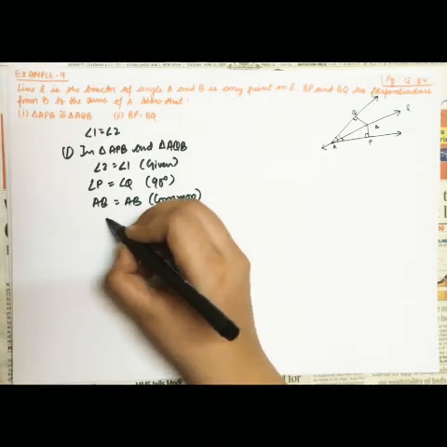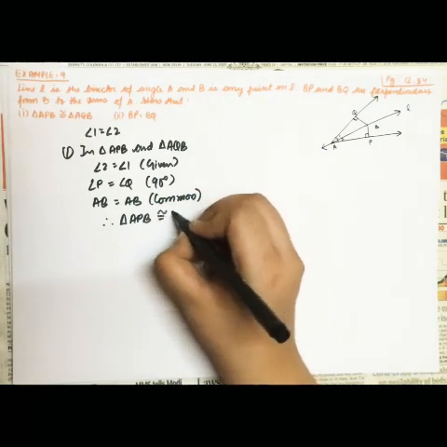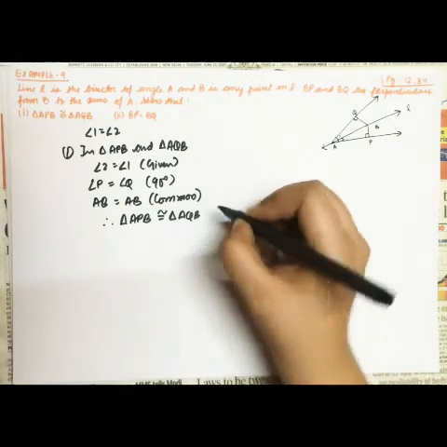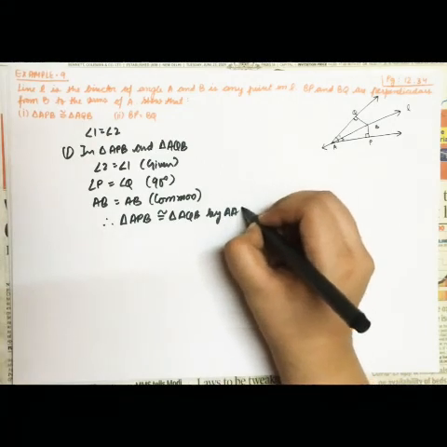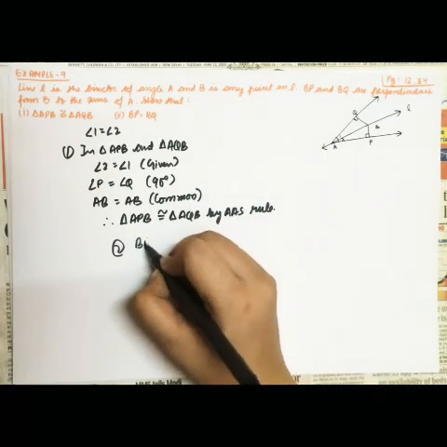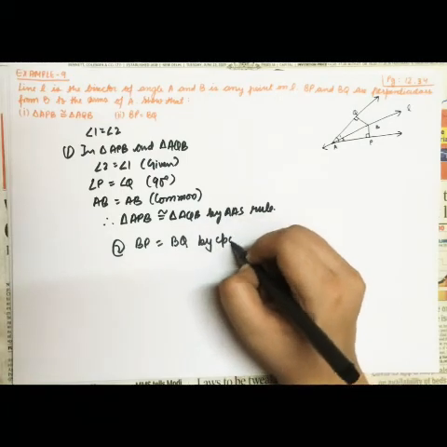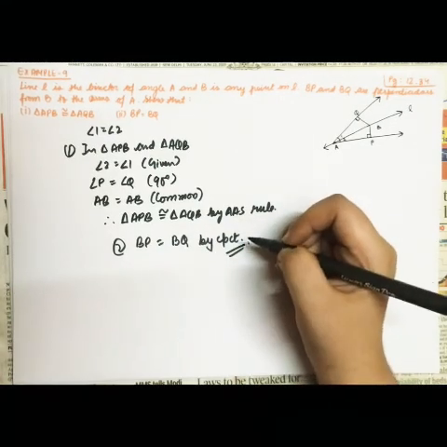Now we can say that triangle APB is congruent to triangle AQB by AAS rule. So now we can say that BP is equal to BQ by CPCT, hence proved.